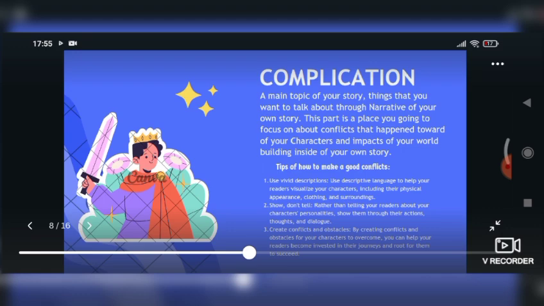The third is to create conflict and obstacles. By creating conflict and obstacles for your characters to overcome, you can help your readers become invested in their journey and root for them to succeed. So you need to create conflict and obstacles that the main characters face right now to make it more engaging for your readers.